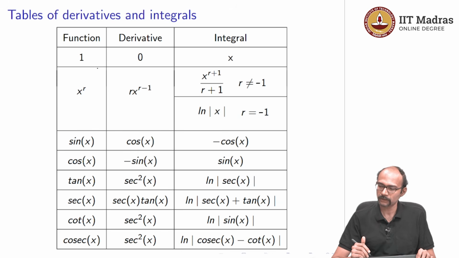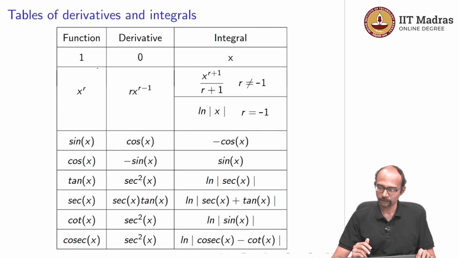And indeed, when r is minus 1, you do not have a polynomial. Instead, you have log of absolute value of x. In other words, if r is minus 1, then this function is 1 by x, and the integral of 1 by x is log x. This is something that we have seen when we did our derivatives part.